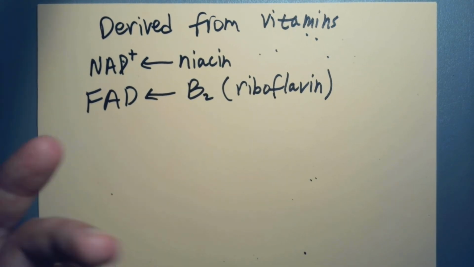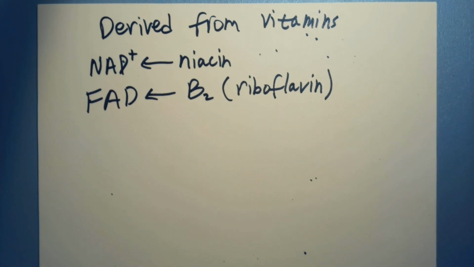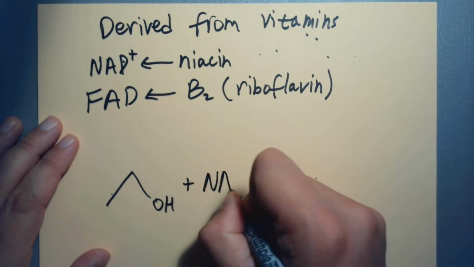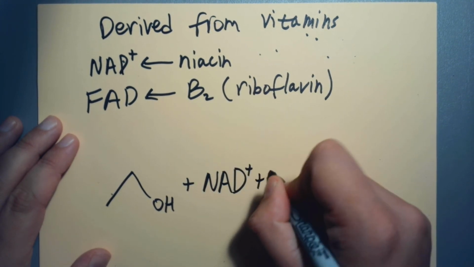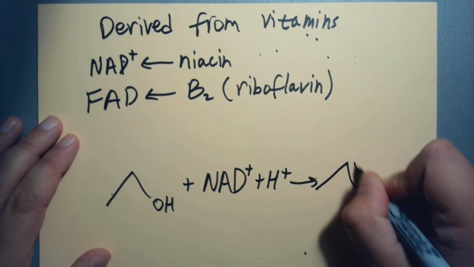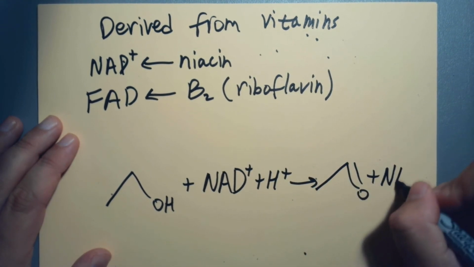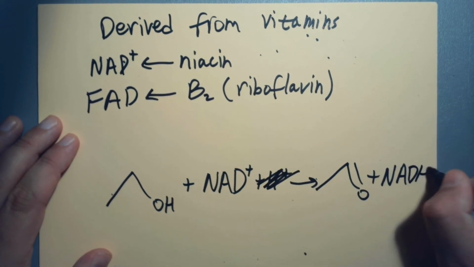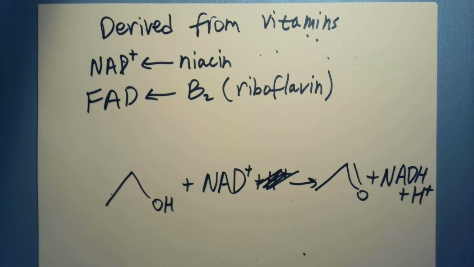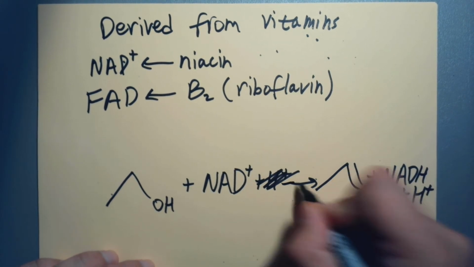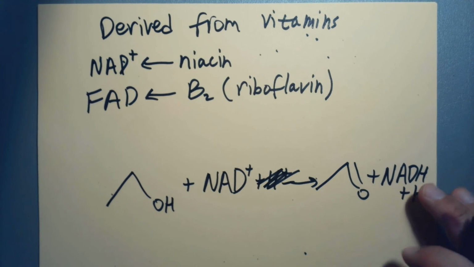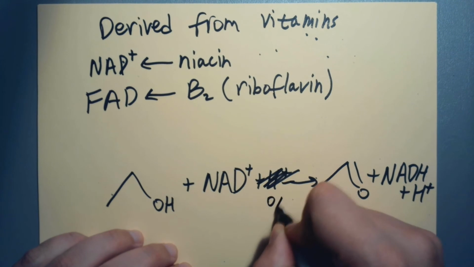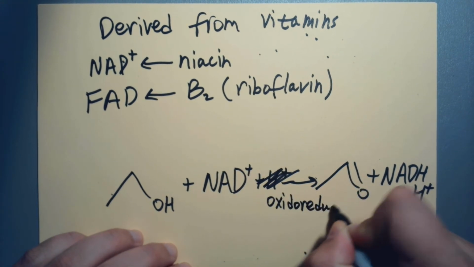And then why are they called coenzymes? Well, keep in mind that when we have a reaction like this, this isn't the enzyme driving the reaction. This isn't catalyzing the reaction. This is like a reactant or a product. So what do we got going on? Well, we got some oxidoreductase in here.